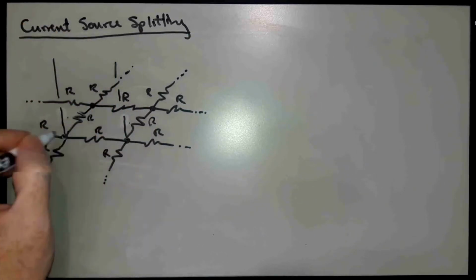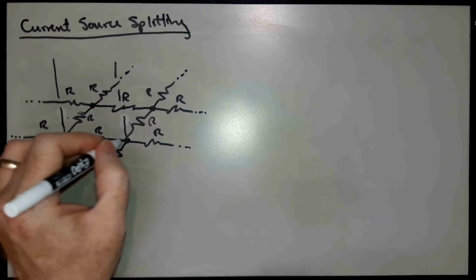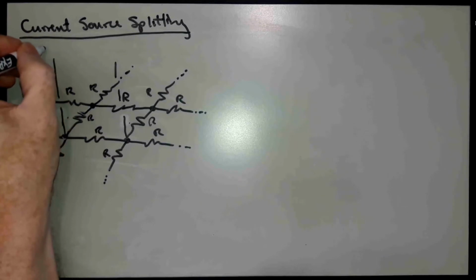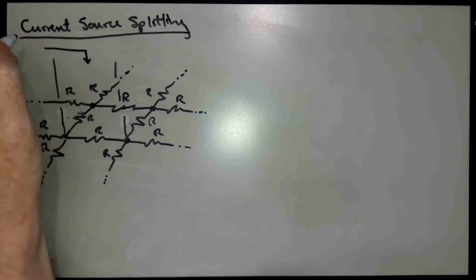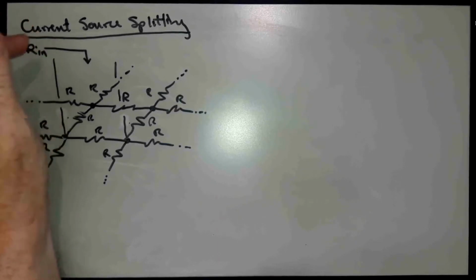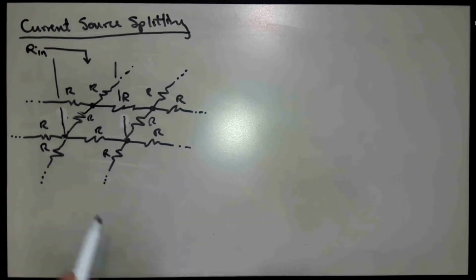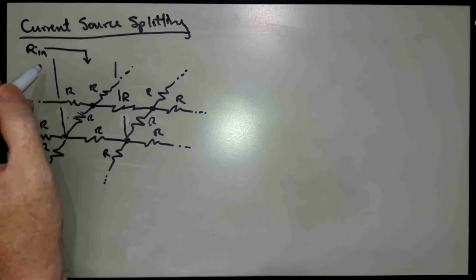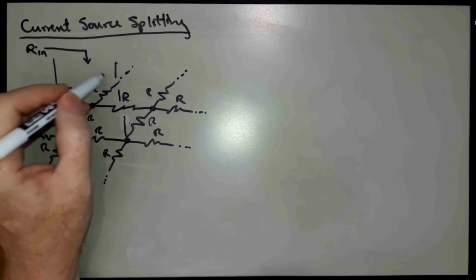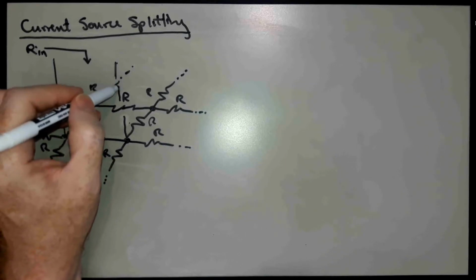I've got two wires on adjacent nodes here, neighboring nodes, and I want to know what is the resistance seen looking into that port. Now we haven't talked about this concept, but this is basically like if I took a multimeter and put it in ohms mode, and I put the plus lead here and the minus lead here, what would I measure?